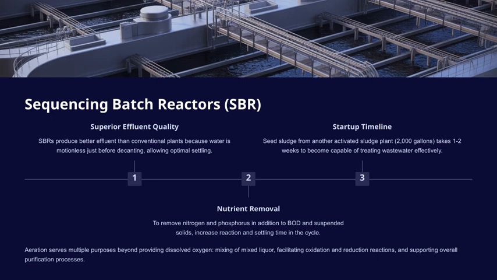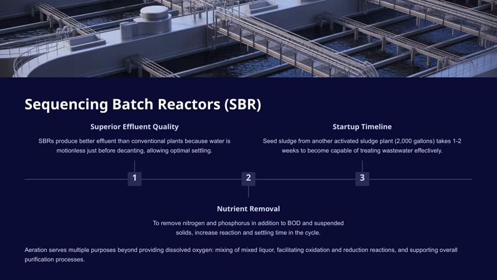This results in cleaner water leaving the system compared to conventional treatment plants. Next, SBRs are capable of nutrient removal, including nitrogen and phosphorus, in addition to reducing BOD and suspended solids. To achieve this, we simply extend the reaction and settling times within the cycle, giving the biological processes more time to break down nutrients thoroughly.